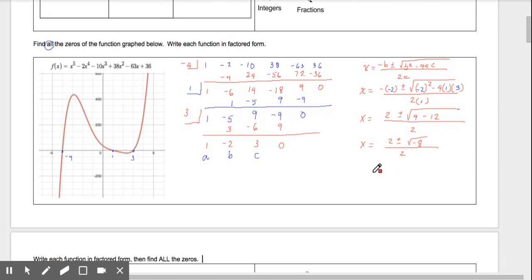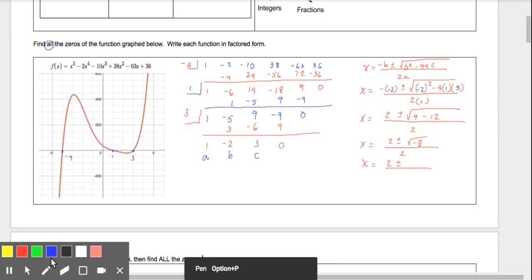Now, we're going to simplify this. Square root of negative 8, let's just do it here on the side.